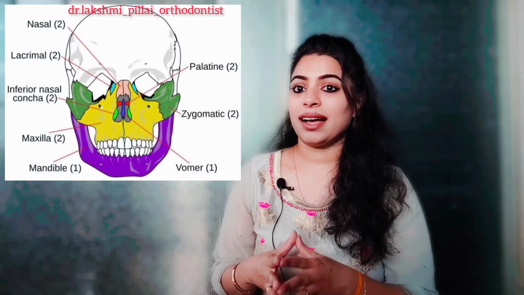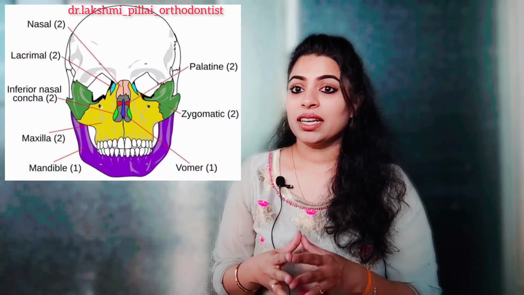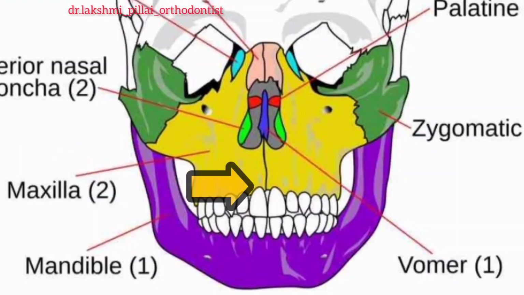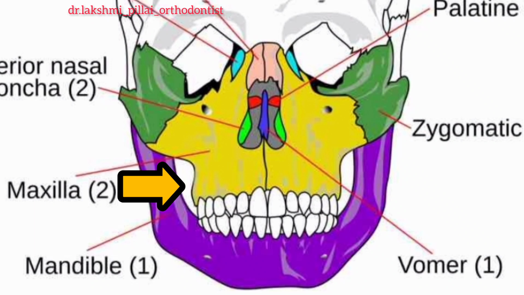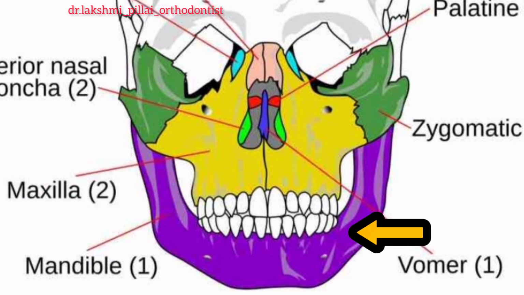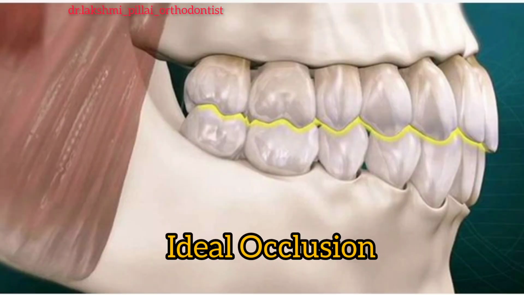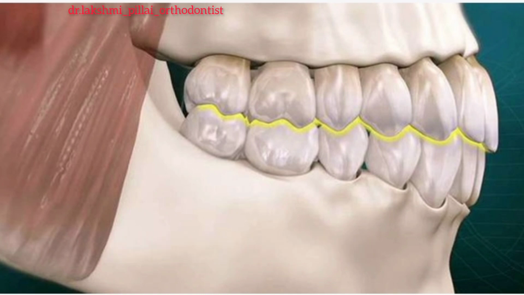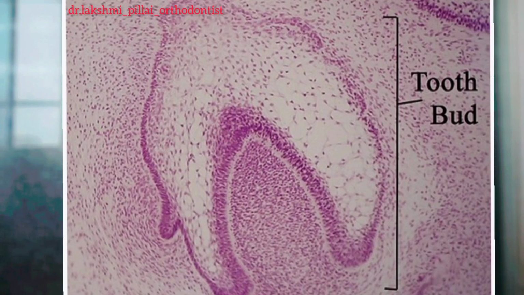The upper and the lower jaws, known as the maxilla and mandible respectively, contain the alveolar bone, a thick ridge of bone that forms the sockets of the teeth. Appropriate size and positioning of the jaws are critical in developing a proper bite, also known as the occlusion, and allow the subsequent chewing. An aggregation of cells called the tooth bud eventually forms a tooth.